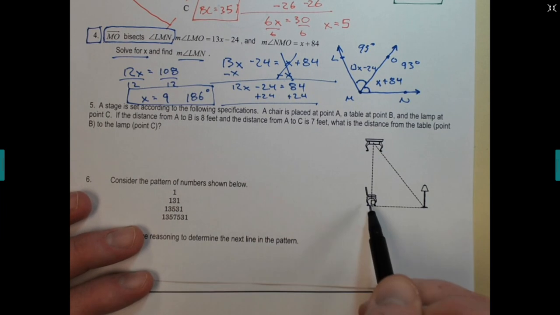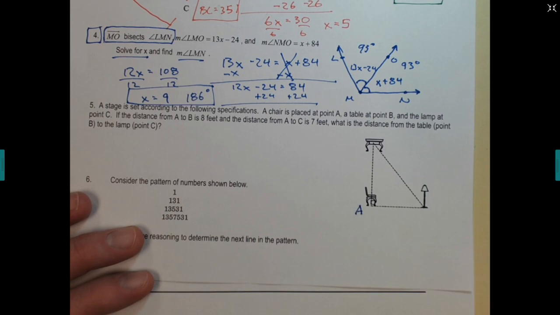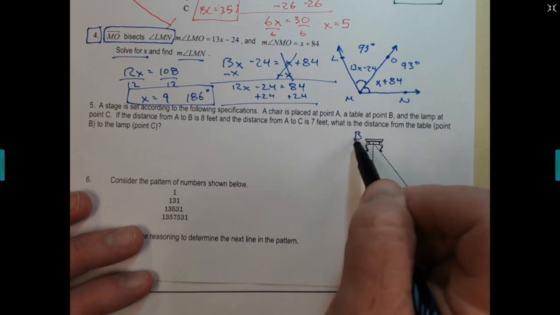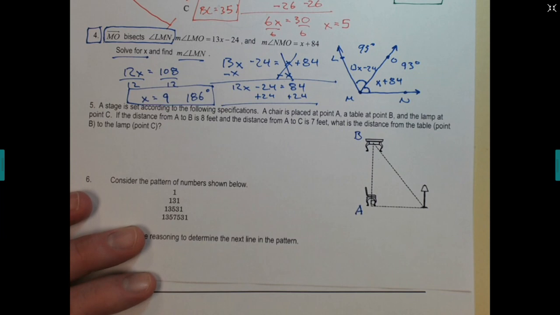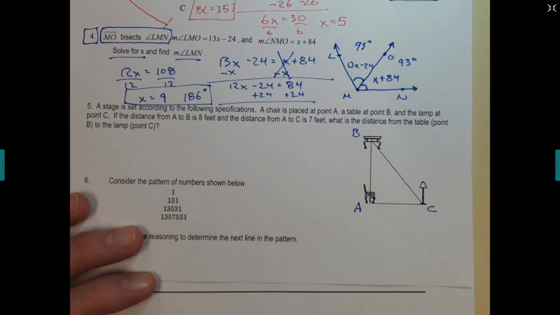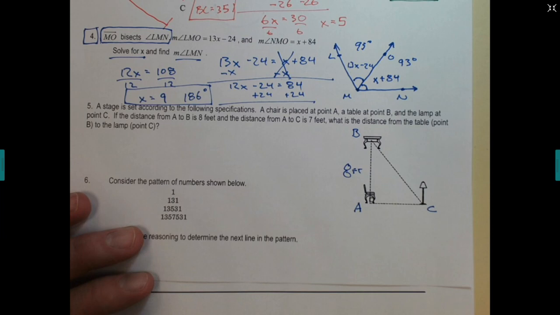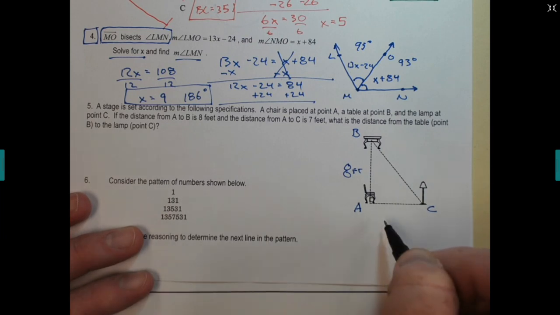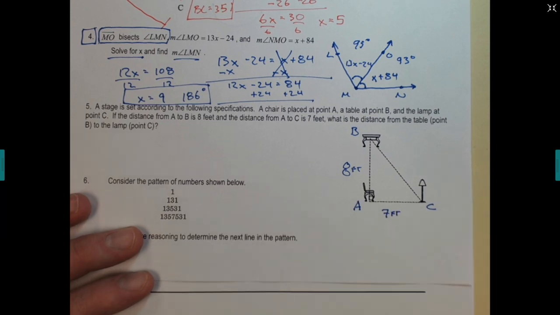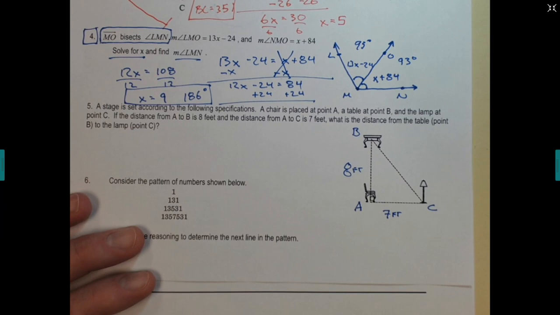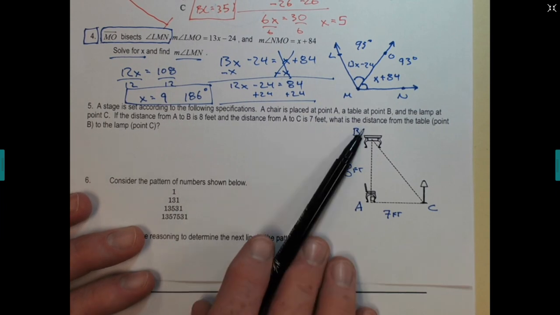A chair is placed at point A, a table at B, and the lamp at C. If the distance from A to B is 8 feet, and the distance from A to C is 7 feet, what is the distance from the table to the lamp?